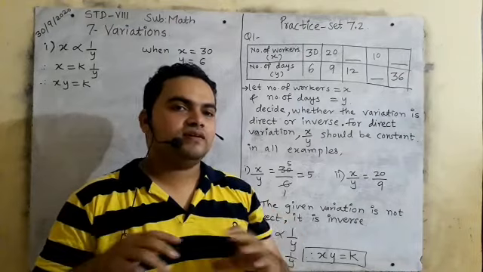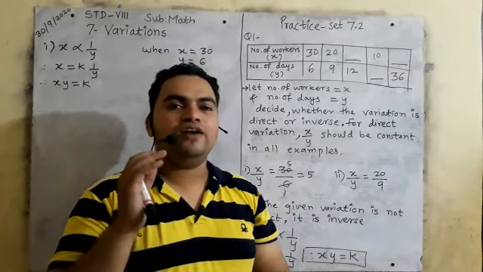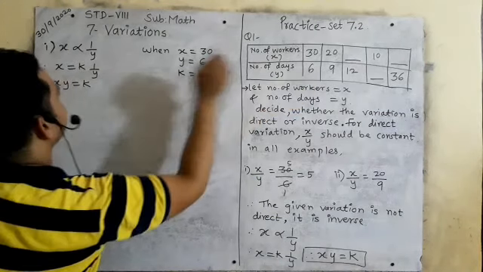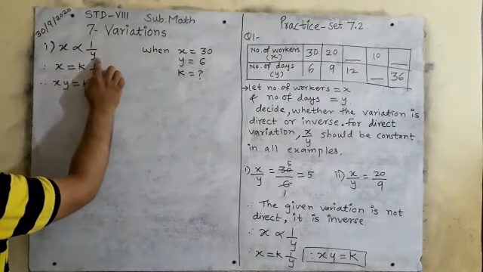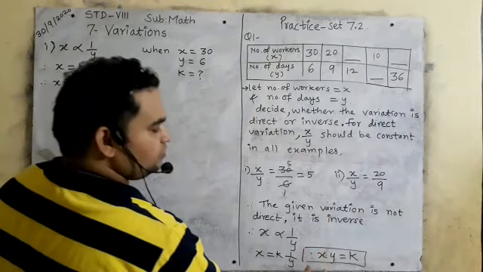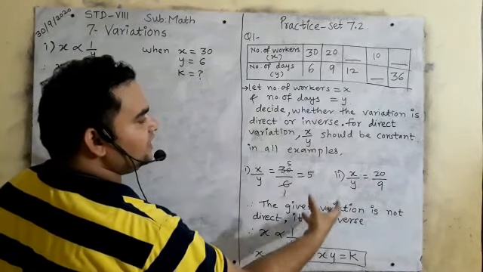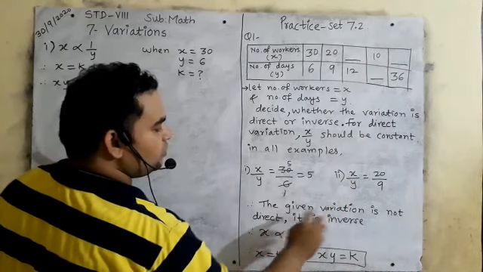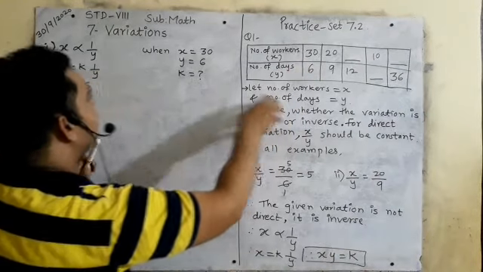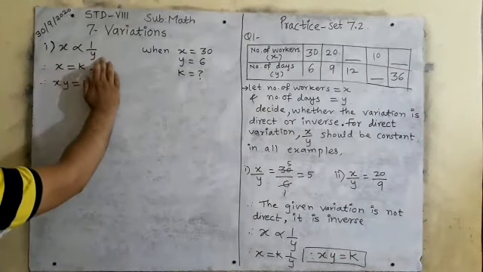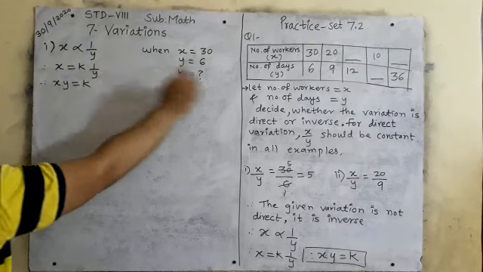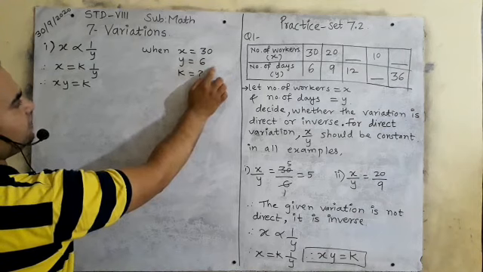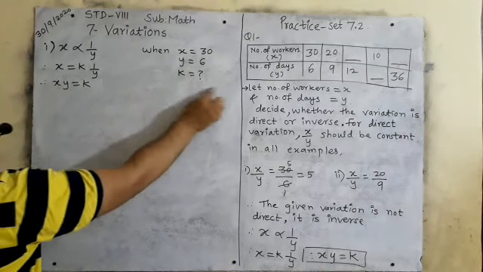So in the beginning we have to find the value of k, the constant. Look here, I will write the first column, that is, x is inversely proportional to y. Why is it inverse? We came to know by solving examples that it is not constant. Okay, so we have decided it is not direct, it is inverse. So we will now utilize x is inversely proportional to y. Okay, for the first column, when x is equal to 30 and y is equal to 6, we have to find the value of k, k for constant.